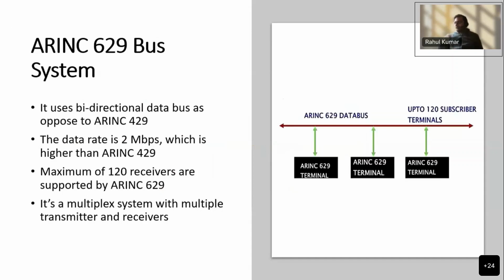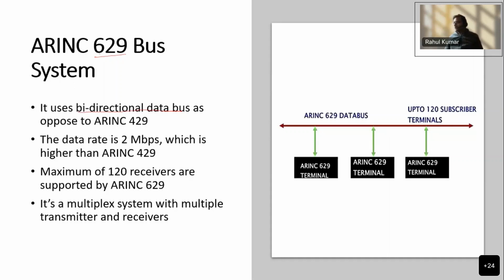Now, a slight advancement in the ARINC bus system is your ARINC 629. This 629 bus system is a bi-directional data bus. So it is again a half duplex system. That is, transmission and reception are possible, but only one at a time.